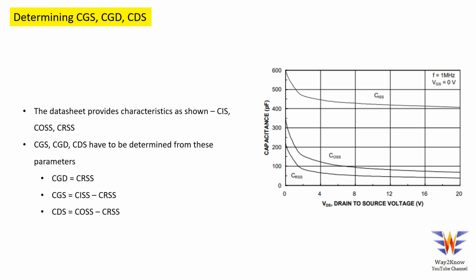From these we have to determine the actual capacitances. Gate to drain is directly given by CRSS, gate to source is determined by CISS minus CRSS, and drain to source is given by COSS minus CRSS. So if you are operating at a particular VDS, take the values of CISS, COSS and CRSS, and determine the gate to drain, drain to source and gate to source capacitances.